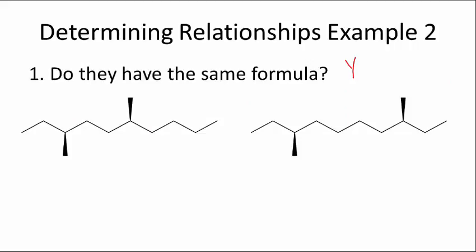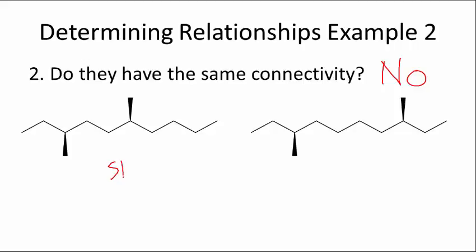All right. So since they have the same chemical formula, now I need to ask myself, second question, do they have the same connectivity? No, they don't. They both have a methyl group on carbon 3, but one of them has a methyl group on carbon 6, the other one on carbon 8. So, no, they don't have the same connectivity. So then we would call them what kind of isomers?